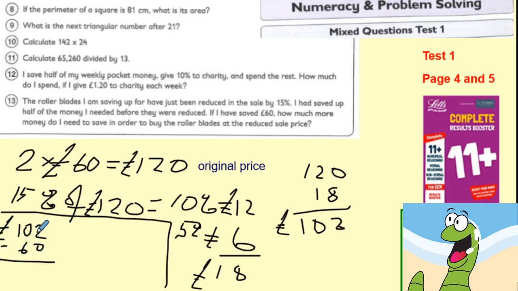Take £60 away from it, and we are left with 42. So the £42 is now what we need to save. So that's our answer, £42.